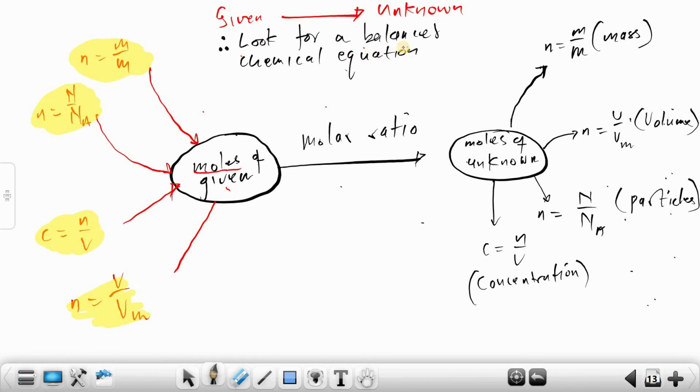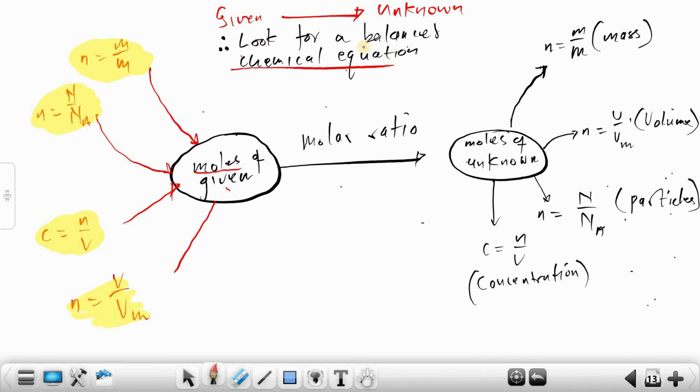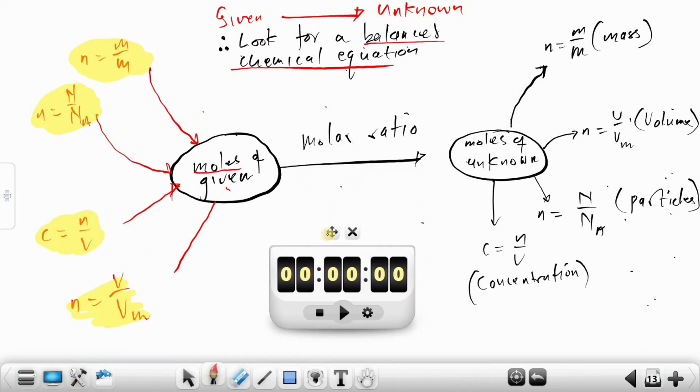Somehow a chemical equation must be given, and it must be balanced. So for me to apply all this, I need now what? A balanced chemical equation. So I am going to give you 40 seconds for you to digest this, and then we can do an example that relates to this.